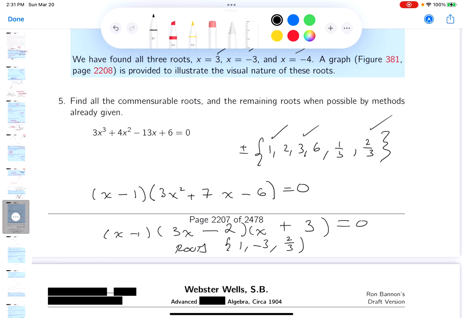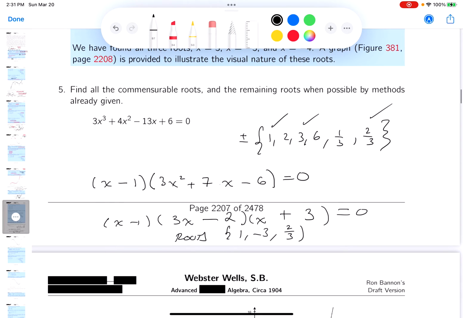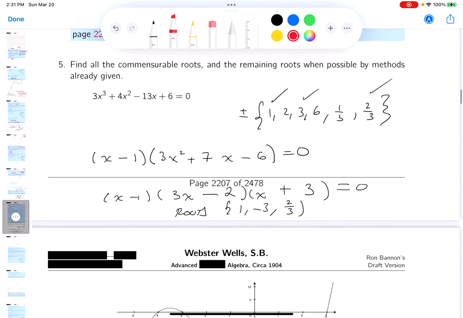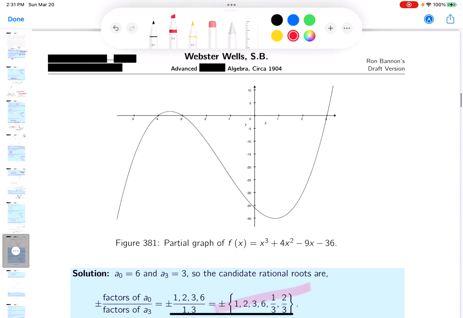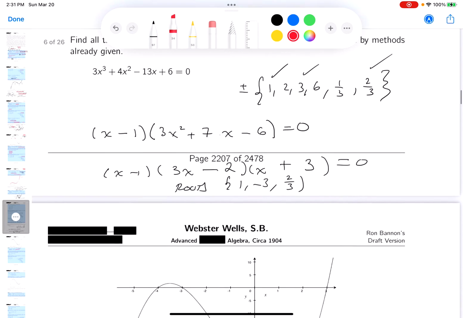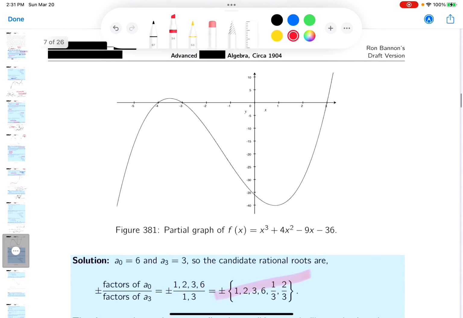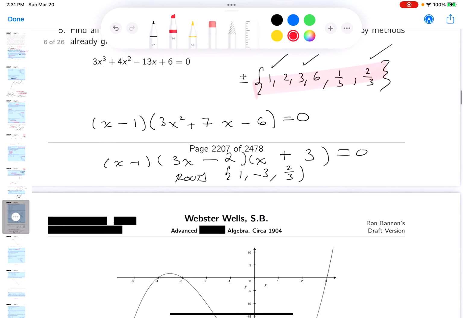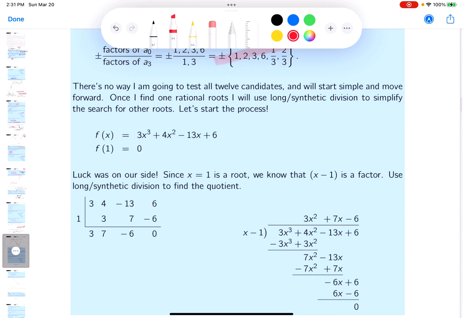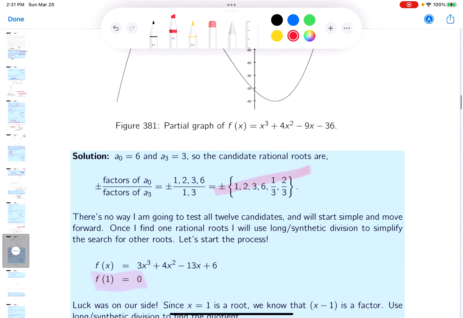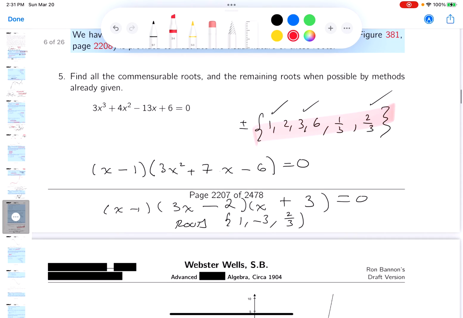All right, let's go to the key and look at it. The list of rational, or the counted rational roots: 1, 2, 3, 6, 1/3 and 2/3. Yep. Did I test some of them out? I believe we said f of 1 was 0. Did I do that? Yep.